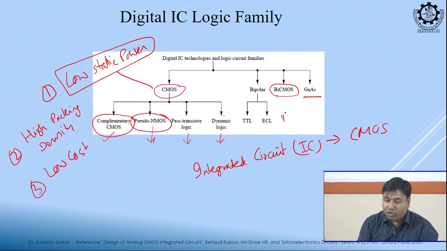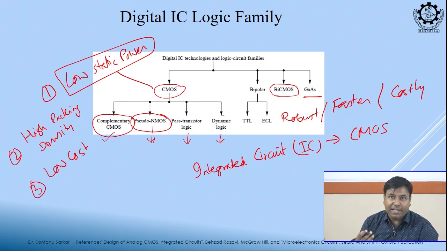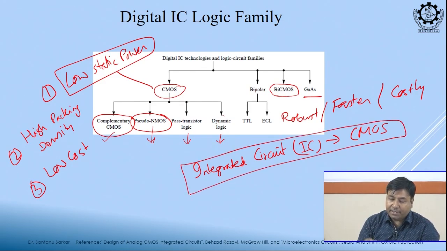So, BJT technology is more robust, more faster, but costly. Which is better? That will cost more, na? And this technology is a little bit difficult to fabricate. So, CMOS has all these advantages. So, in the present VLSI industry, you will be hearing more about CMOS.